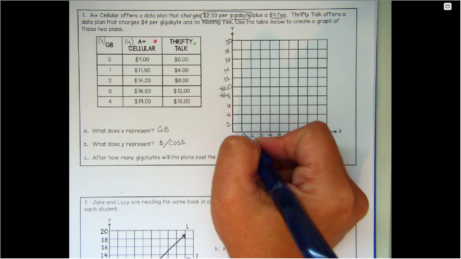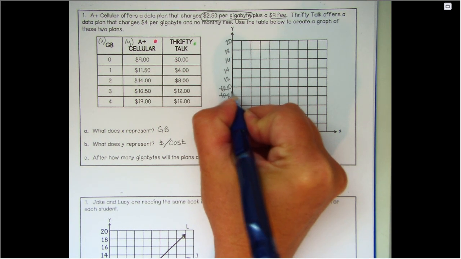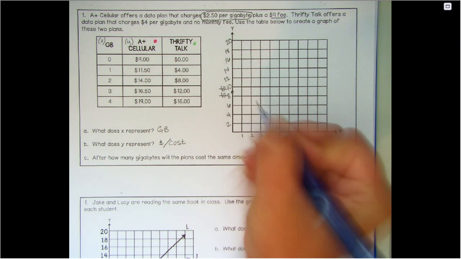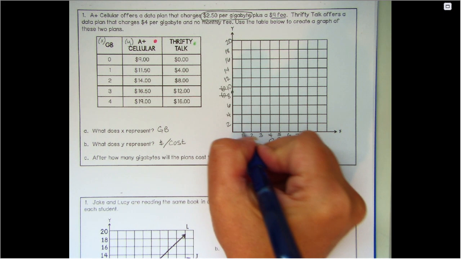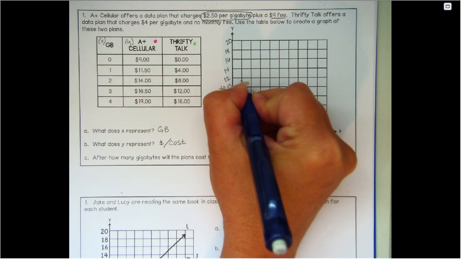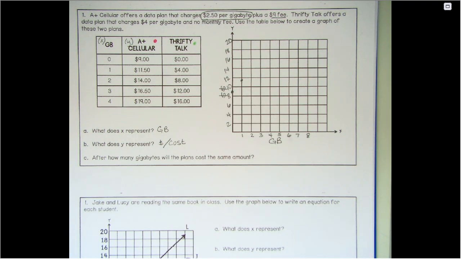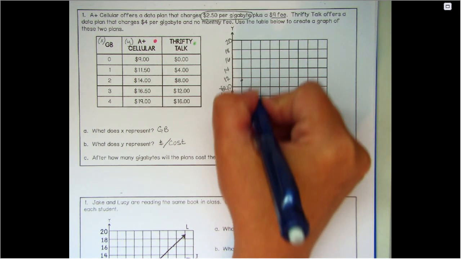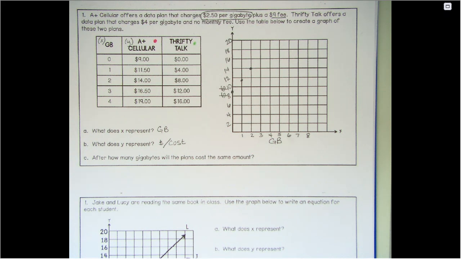I'm going to start at $9, which is right here. I haven't used any gigabytes and I already spent $9. When I use 1 gigabyte, I spend $11.50, so almost $12. 2 gigabytes, exactly $14. I like having a few that are exact, it makes graphing easier. 4 gigabytes, $19.